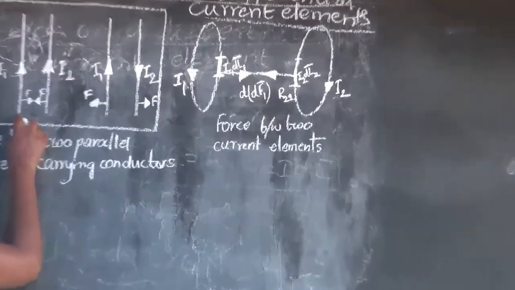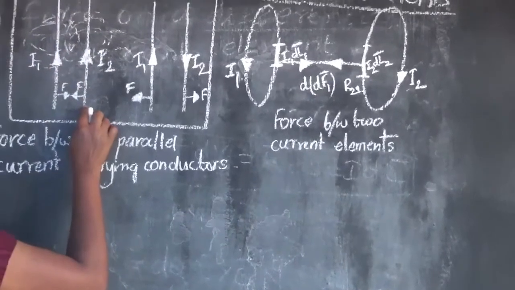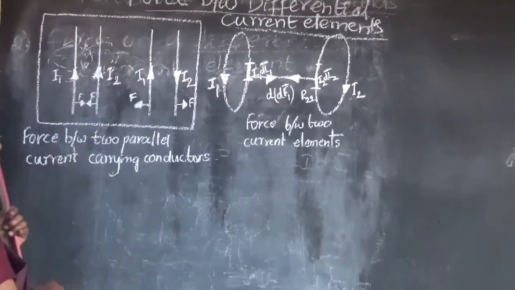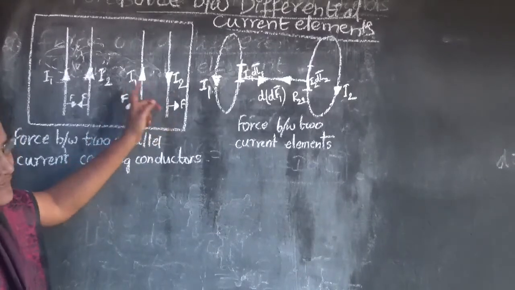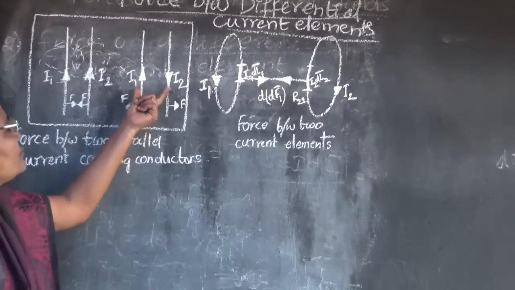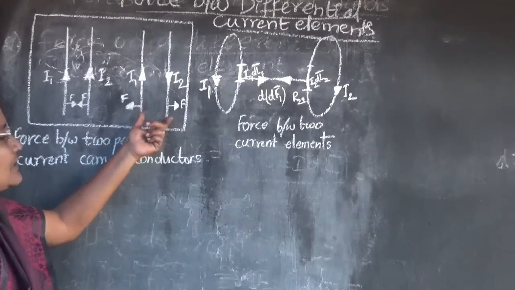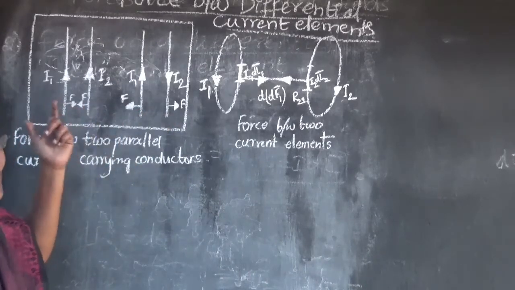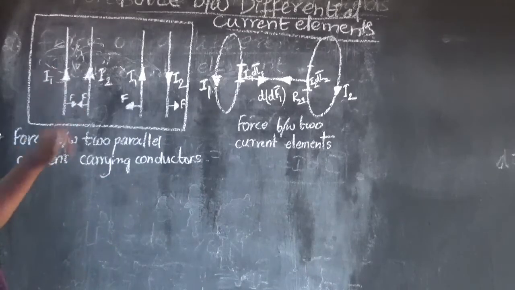Here the current is flowing from bottom to top, and here also from bottom to top. In the same way, if the currents are in different directions, then these two conductors will repel each other. The reason for this repulsion or attraction is the fluxes formed by them. That is the main reason.